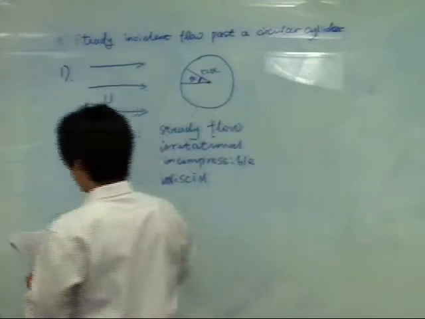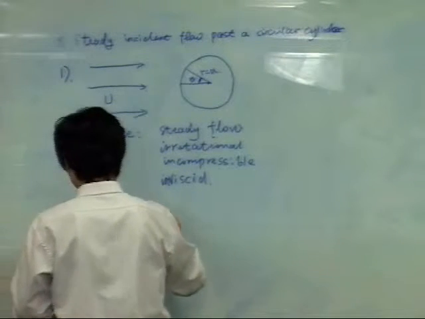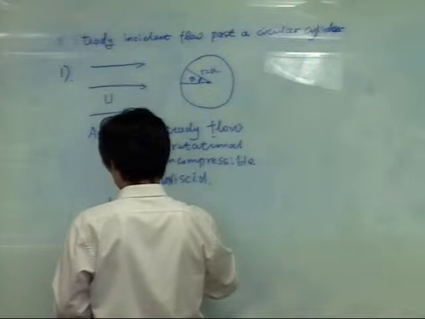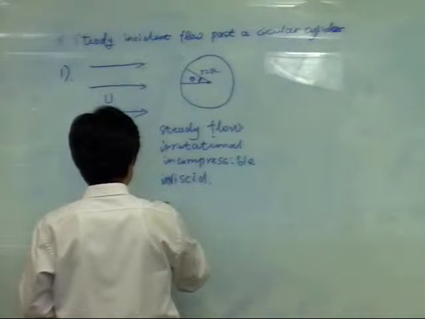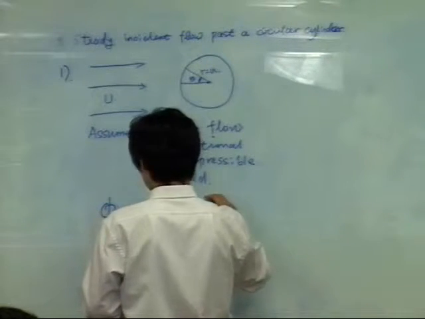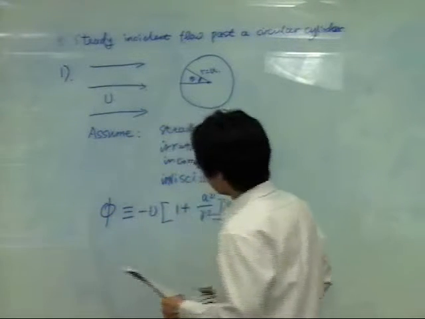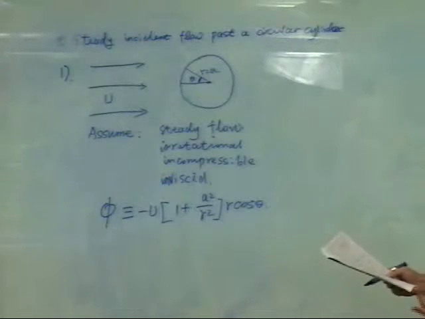You probably all know that the potential can be written as, okay, U minus, okay, it's written in polar coordinates.